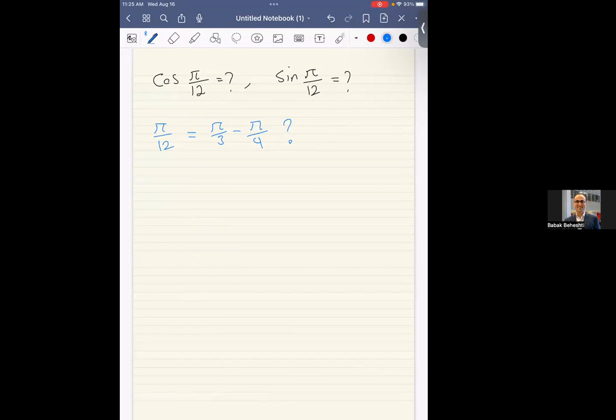What is 1 over 3 minus 1 over 4? 1 over 12. That's it. Okay, so pi over 12 is just pi over 3 minus pi over 4.